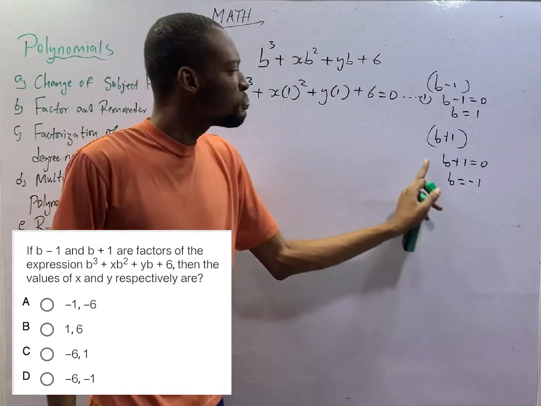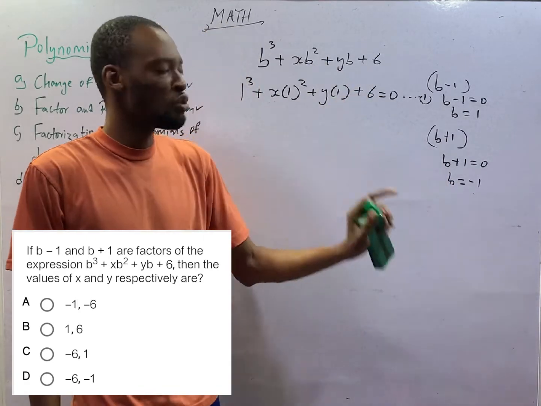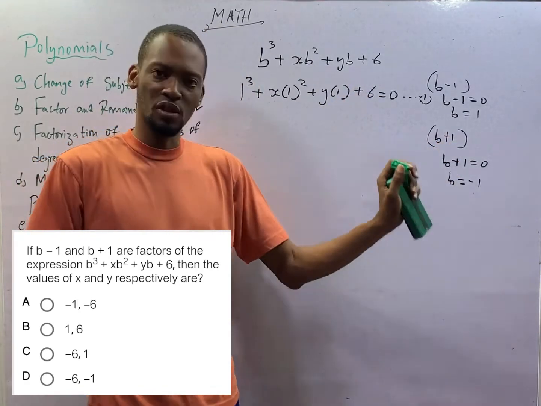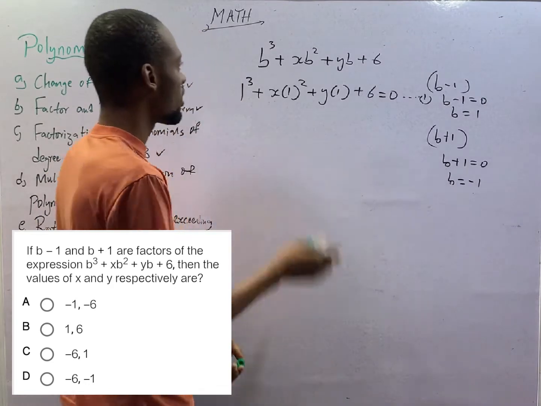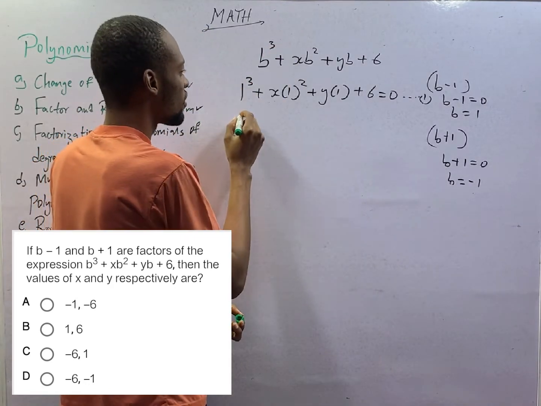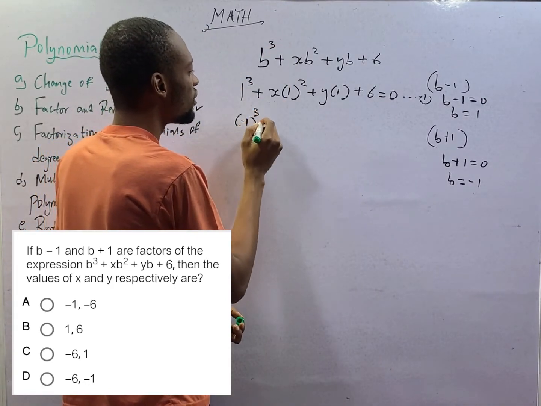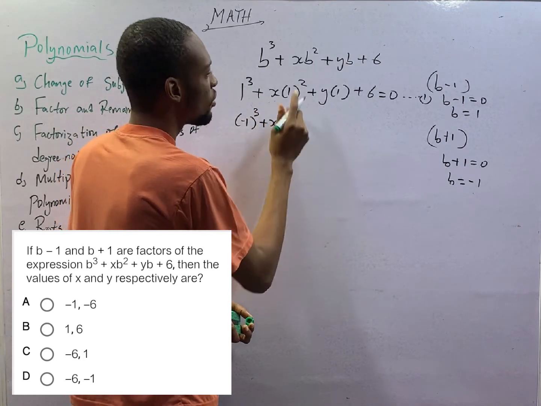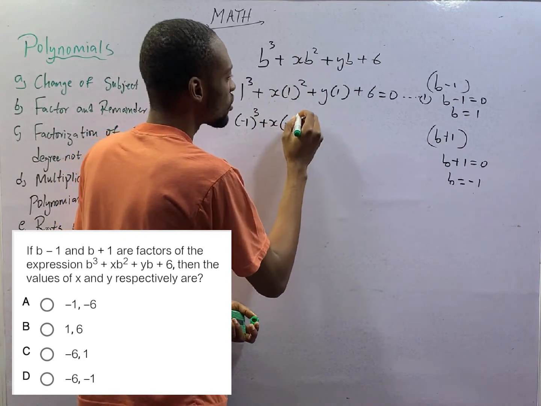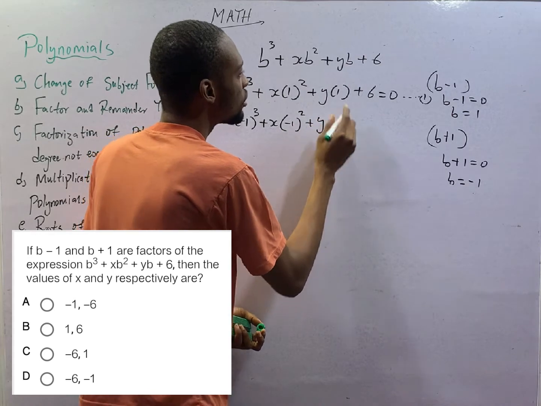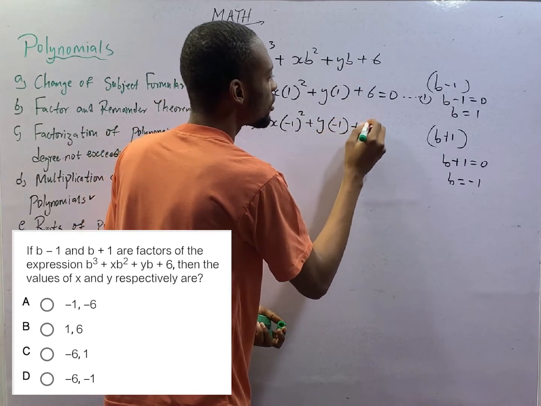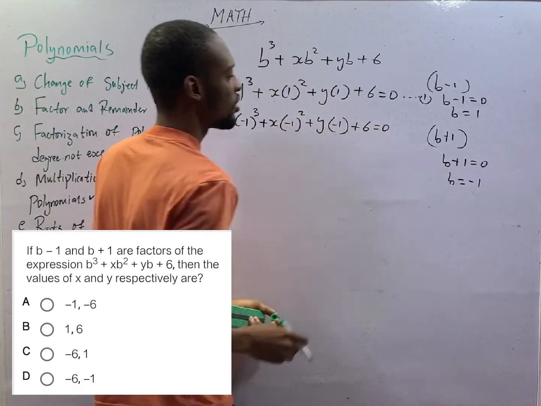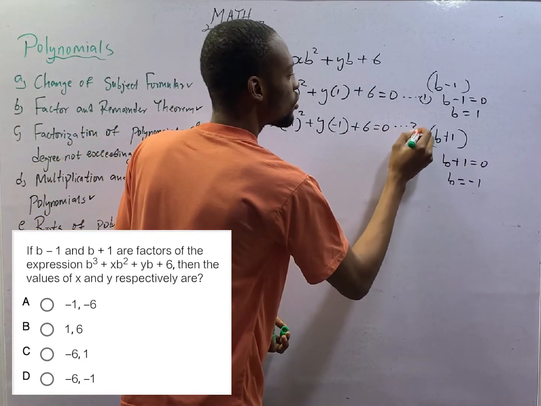Also, if you put b equals minus 1 into the polynomial, you will get 0 because b plus 1 is also a factor. Minus 1 raised to the power of 3 plus s times minus 1 squared plus y times minus 1 plus 6 is also equals 0. So this is equation 2.